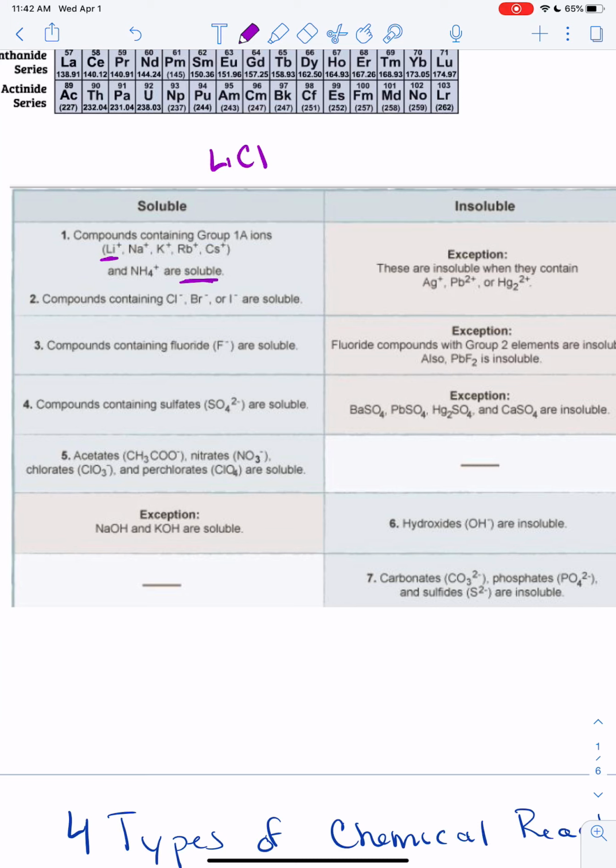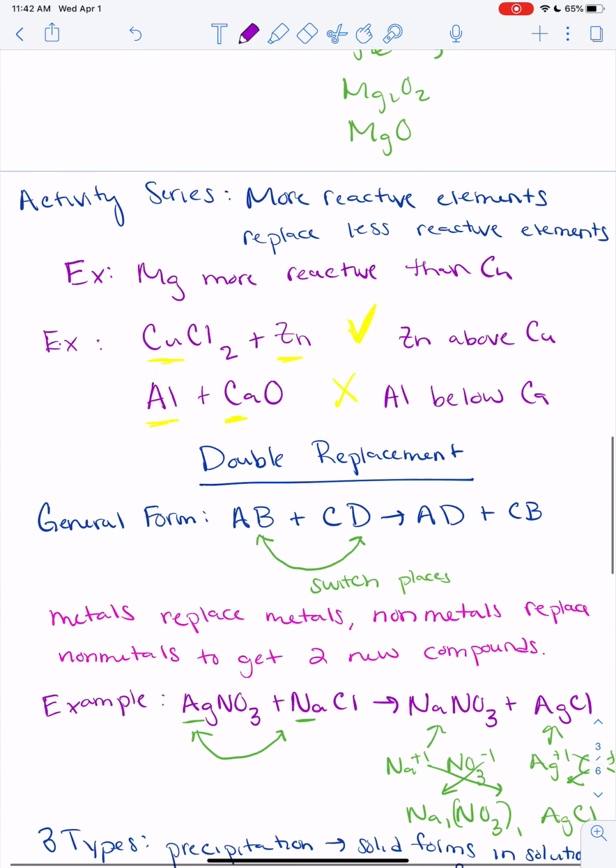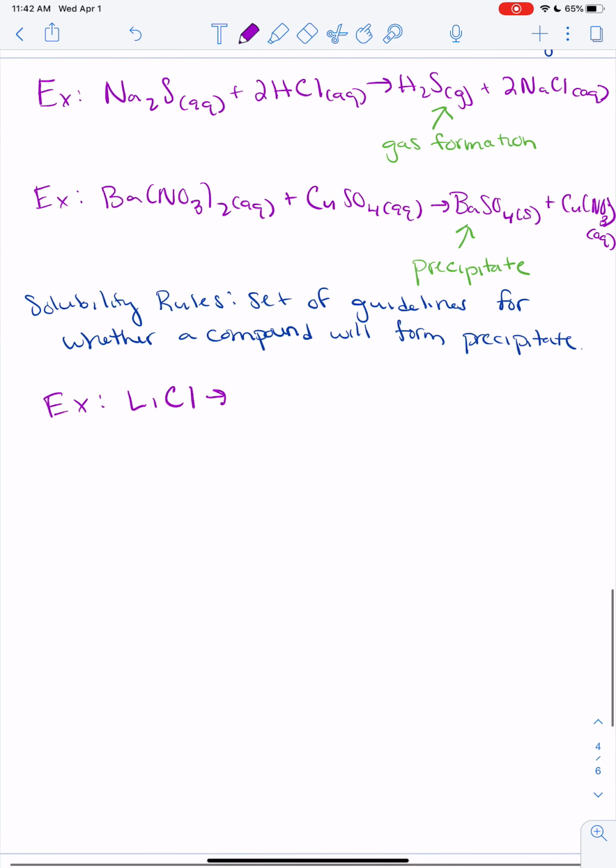Compounds containing chlorine are also soluble. There are exceptions: if we had lead or silver or mercury, then it would not be soluble. But since we have lithium, which is soluble, and chlorine, which is soluble, we can say this is going to be soluble. So now let's go back and write our answer. Soluble.